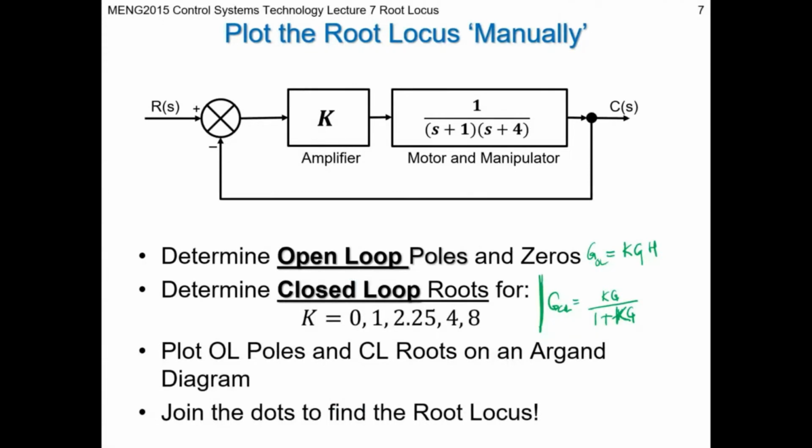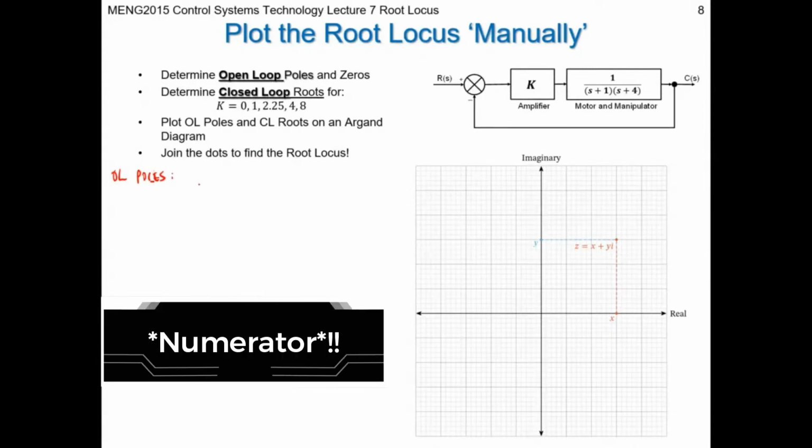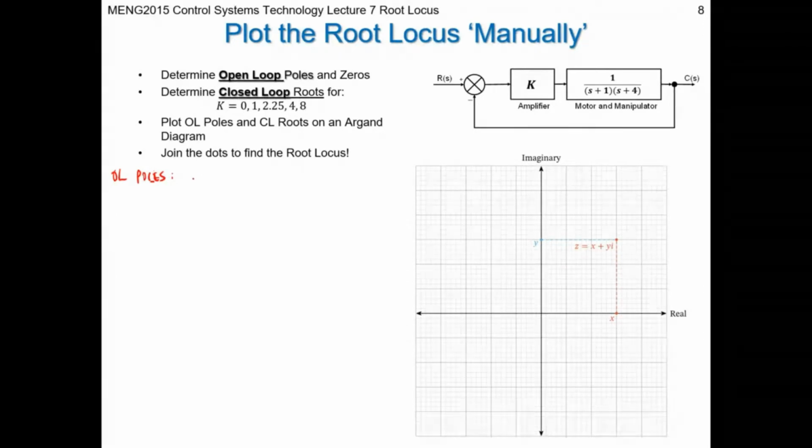So first up, I've just shrunk everything down, so we've got some working room here. First of all, let's determine our open loop poles. We already said there are no zeros because there's no numerator dynamics on our transfer function there. So our open loop poles are very easy; we can just do it by observation.